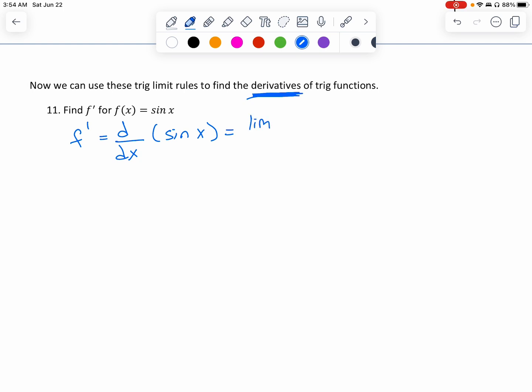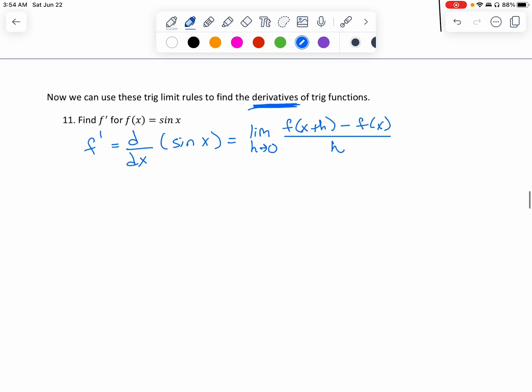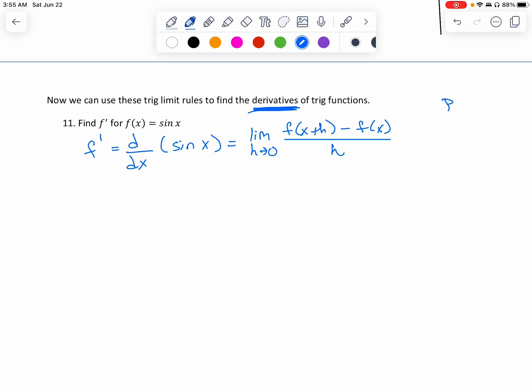Let's see, the definition tells us that we take the function at x plus h minus the function at x, all divided by h. So that limit, we're going to plug in our f of x plus h. So let's do some pre-work here. What are we going to plug into this definition?